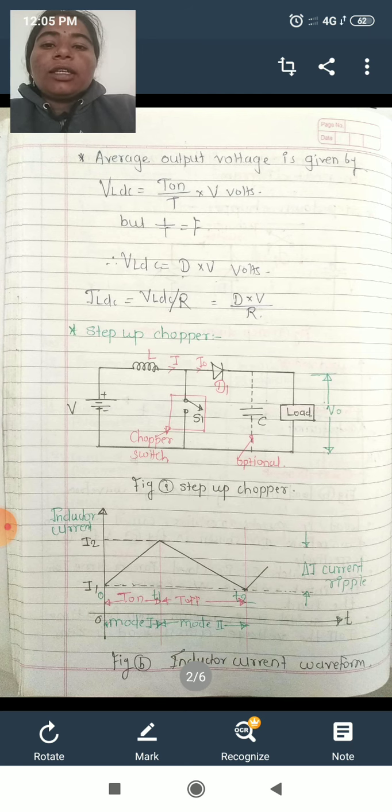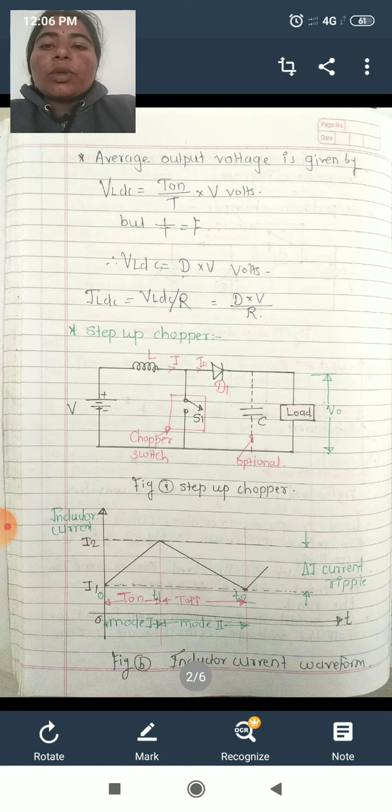Here the average output voltage is given by the equation VLDC is equal to T on upon T into V volt. T on upon T is nothing but the duty cycle. We already learned in the previous lecture, and 1 upon T is nothing but your frequency. Now put this value, T on upon T is the duty cycle D. You will get VLDC is equal to D into V volts, where V is the input voltage and VLDC is the output load voltage.